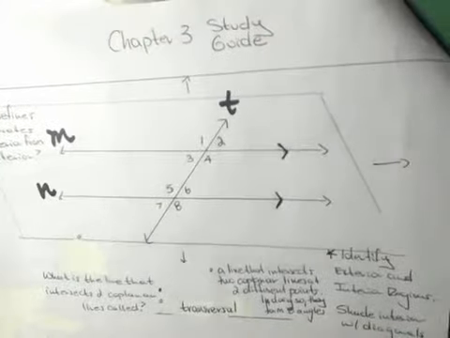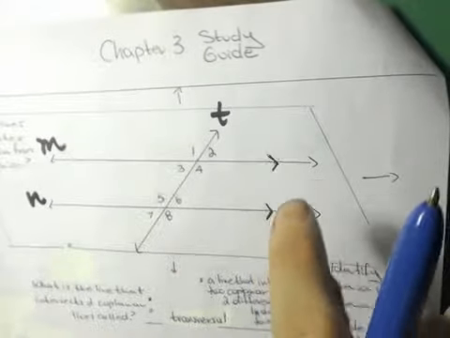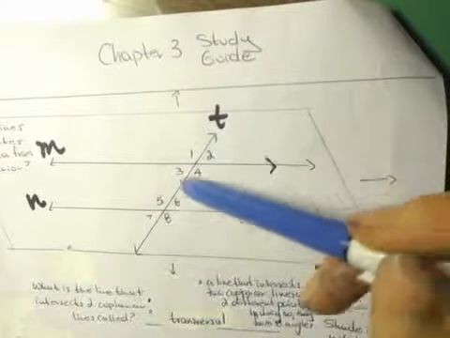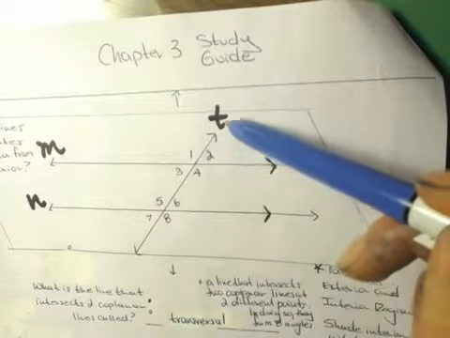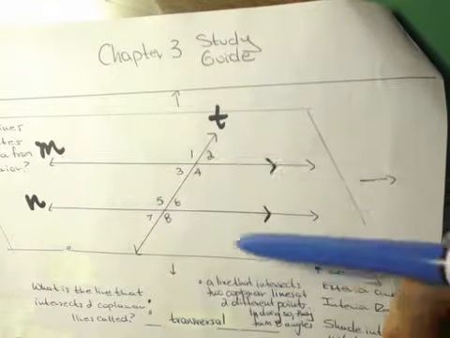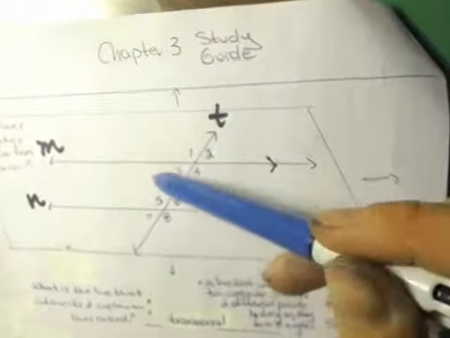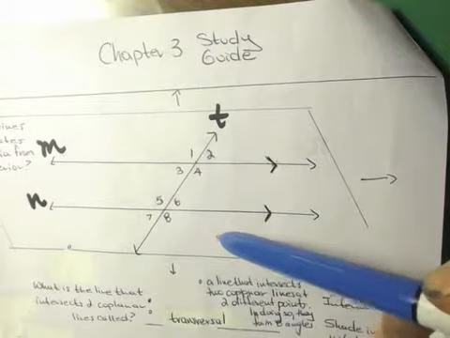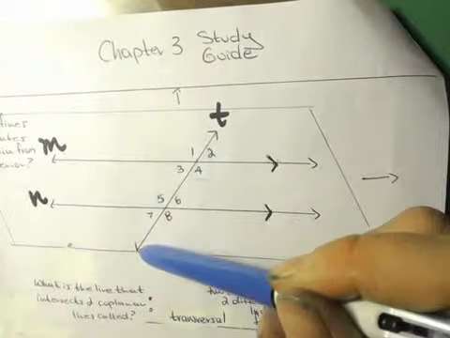Looking up here and identifying the transversal, it's kind of intuitive that the transversal would be the line named T. But even if we didn't associate that, we could find that the only line that intersects the other two lines twice is this line right here.